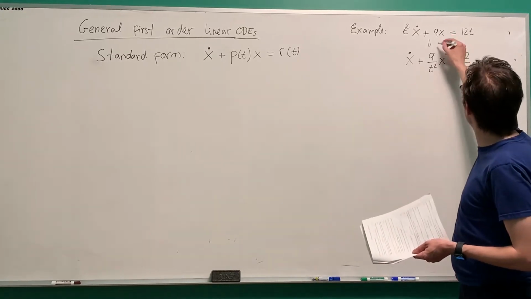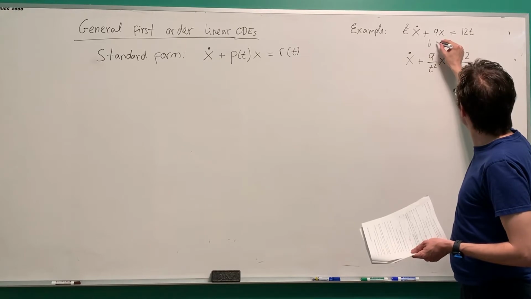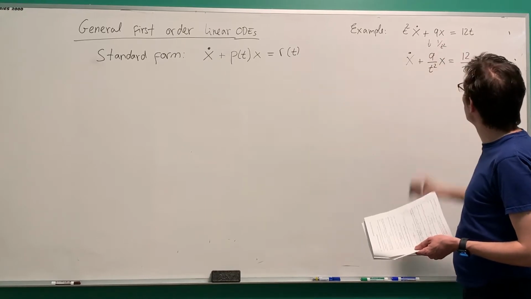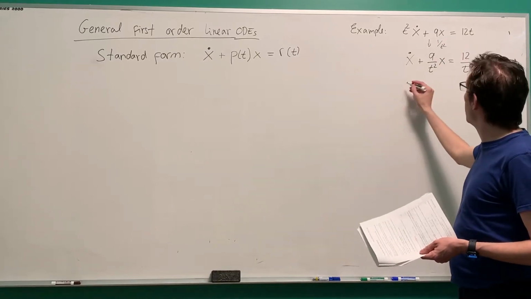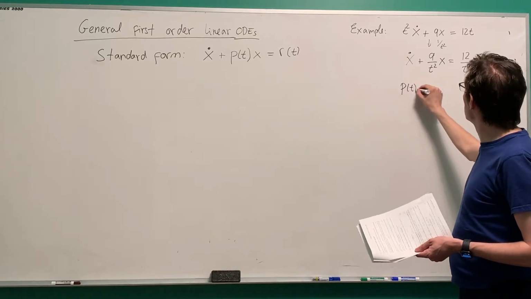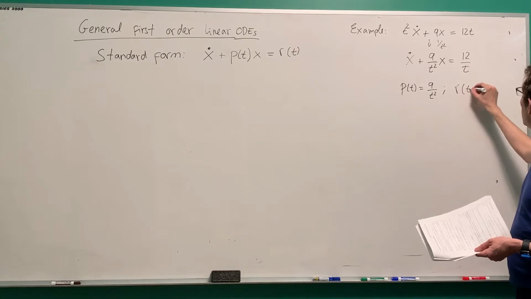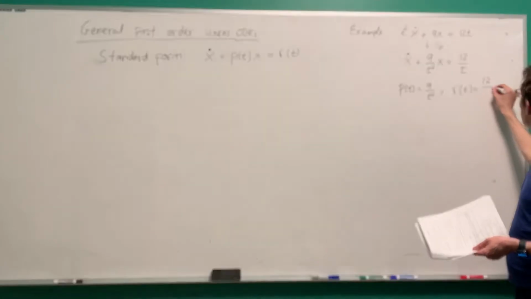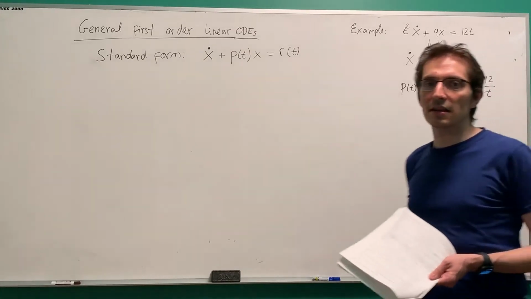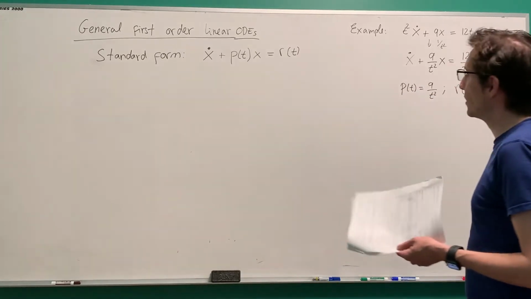Then identify p of t: in this case p of t is 9 divided by t squared, and r of t is equal to 12 divided by t. So it's very easy to identify and put an equation in standard form.